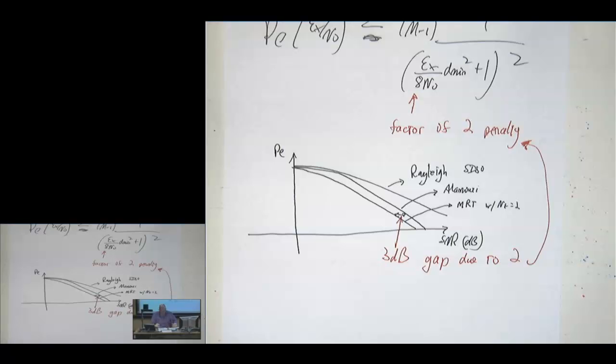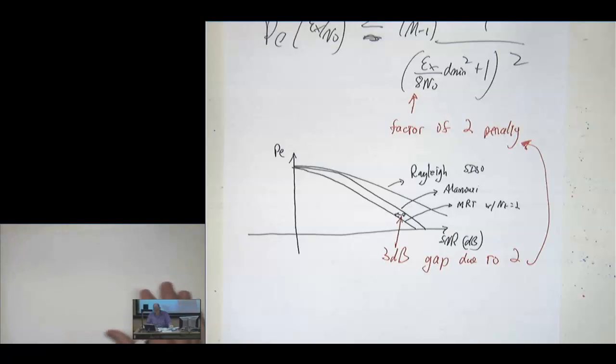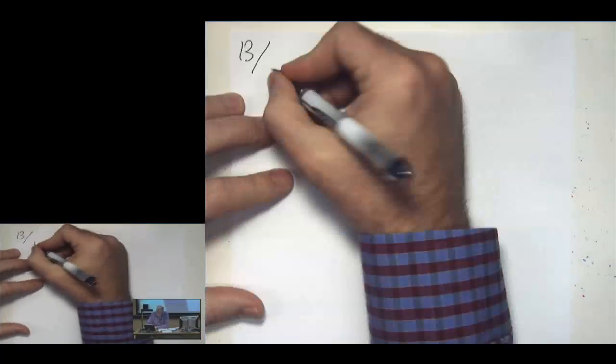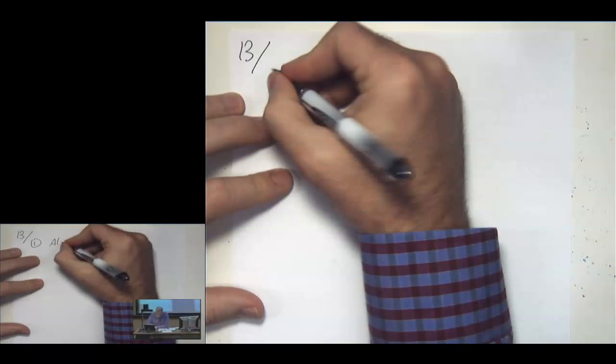All right, so let me summarize here. Some observations about the Alamouti code. Okay, so first of all, it achieves second order diversity.